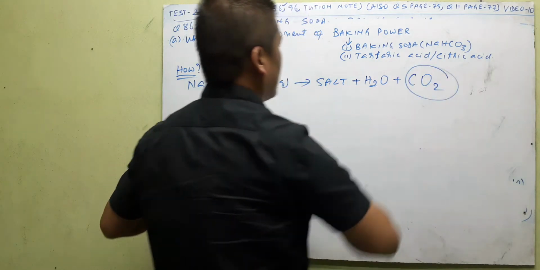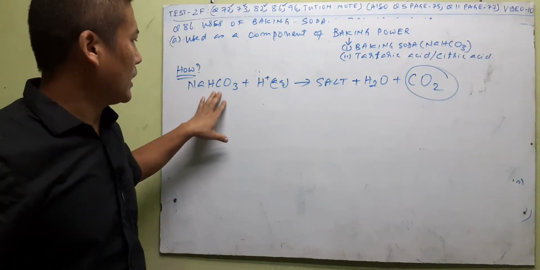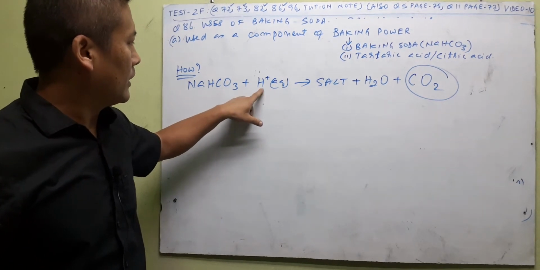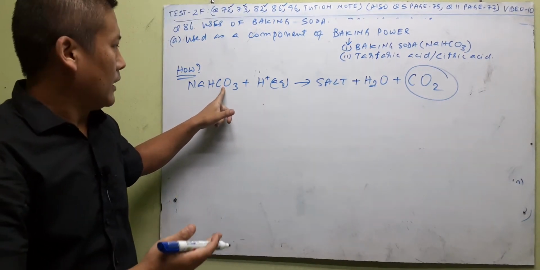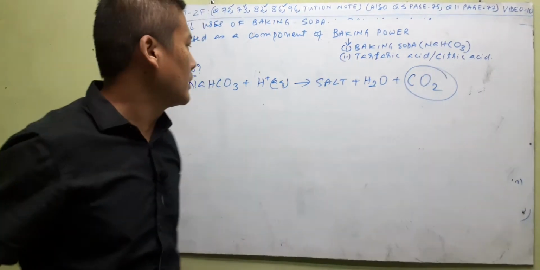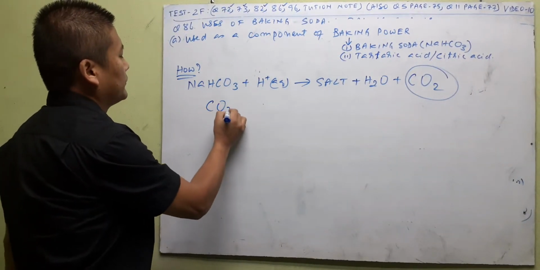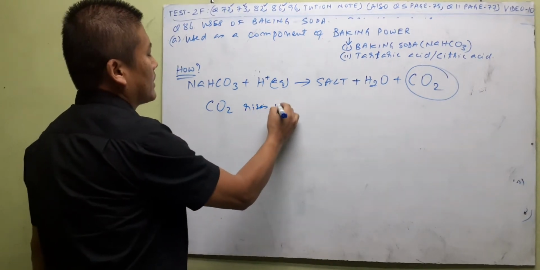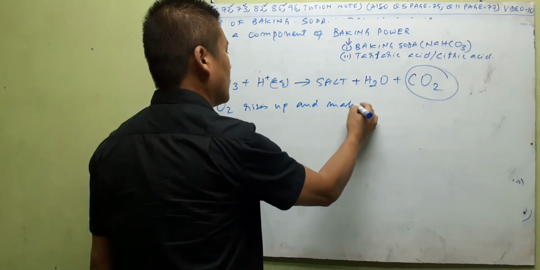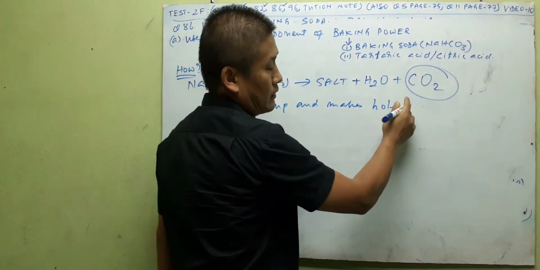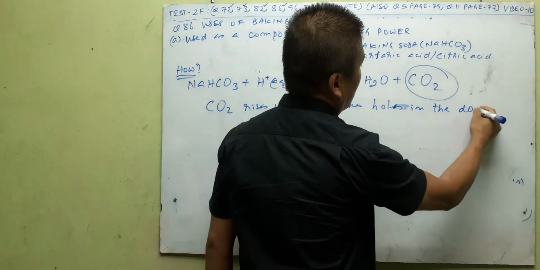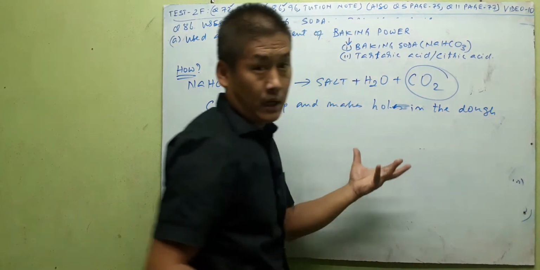Now this is the key function. Because baking soda contains CO3, when the acid reacts with it, the acid releases the CO2 from CO3. And this is very important because the carbon dioxide rises up and makes small holes in the dough. Dough means atta, okay, dough.